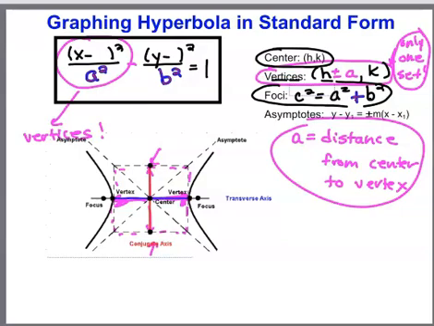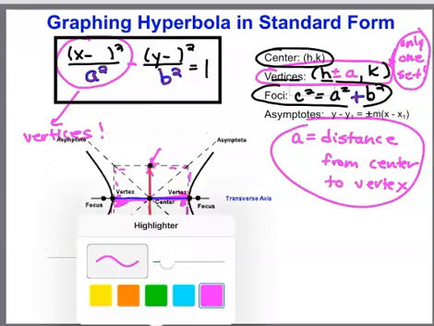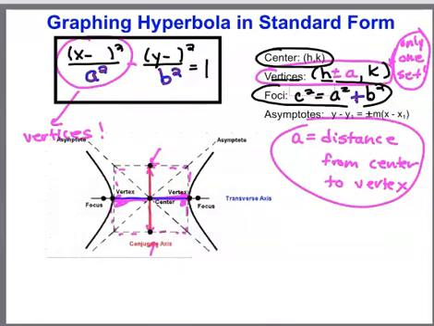Speaking of asymptotes, asymptotes are also guides for those curves. So when you look at the graph, this dark part here is the actual graph. Everything else is just asymptotes or the rectangle, a guide.